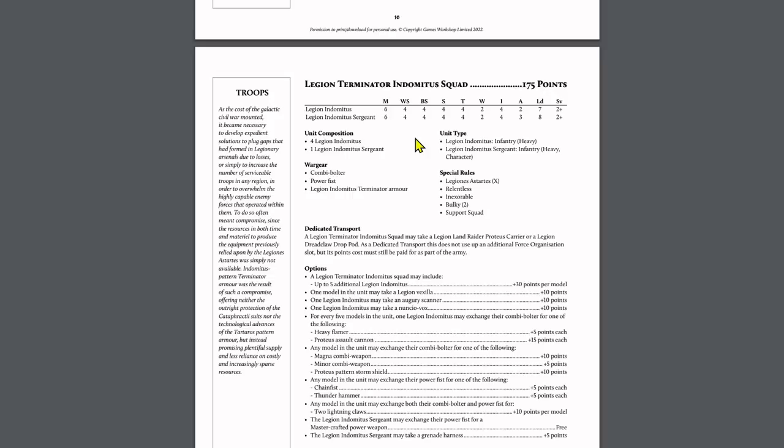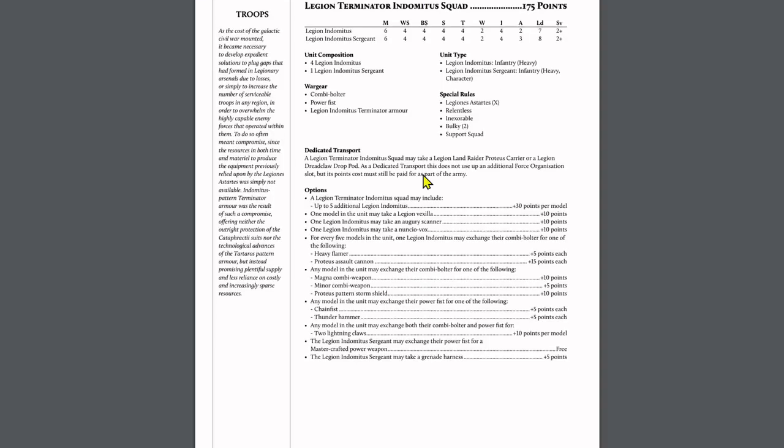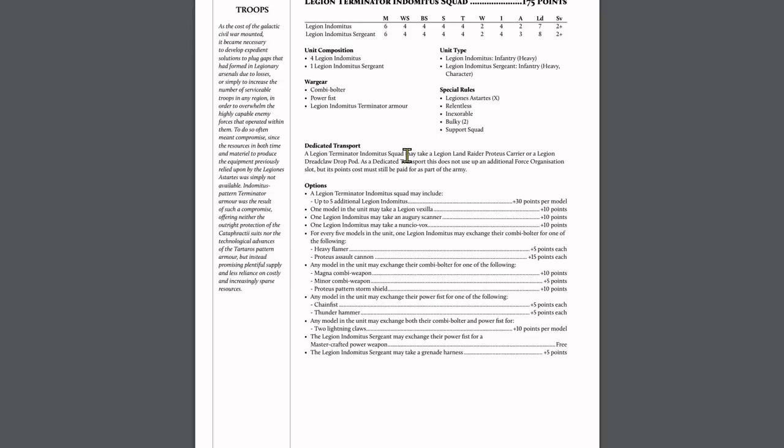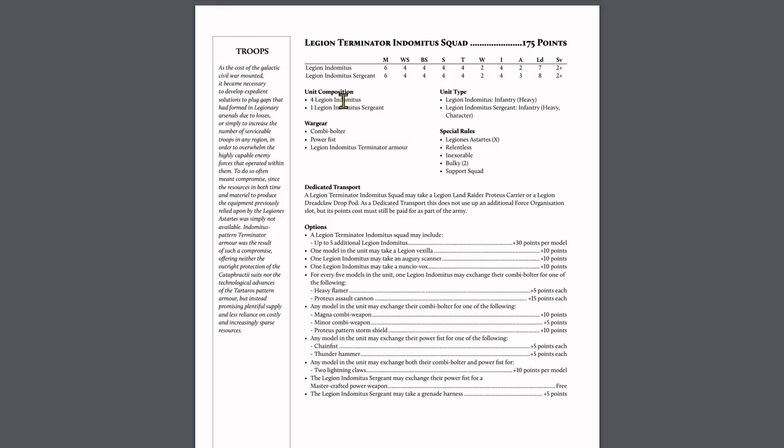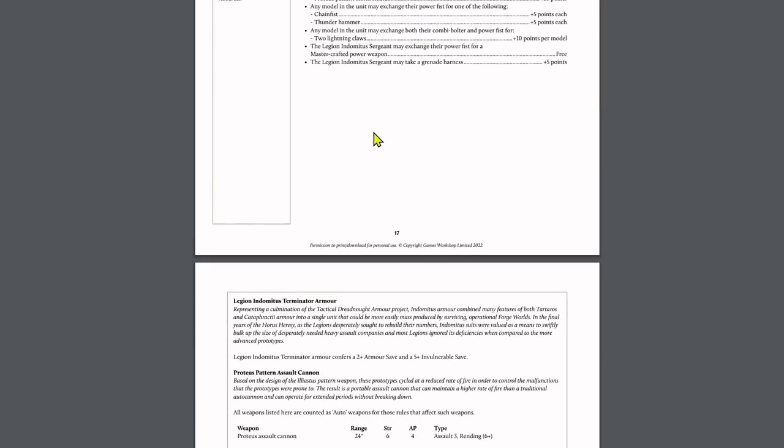But here we're making them troops, which is probably not a good change for the game, giving people the ability to spam these very tough things at very little cost to their slots. These are meant to be a little bit less common in the Heresy as well, whereas you're making out that these are more common than the other marks of Terminator armor, so it doesn't really follow very much.